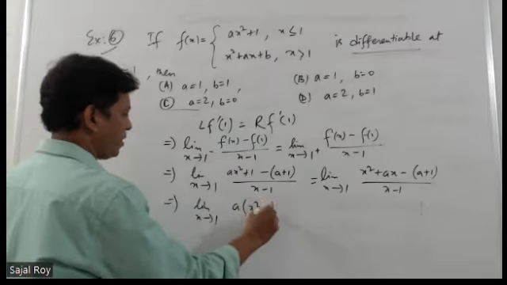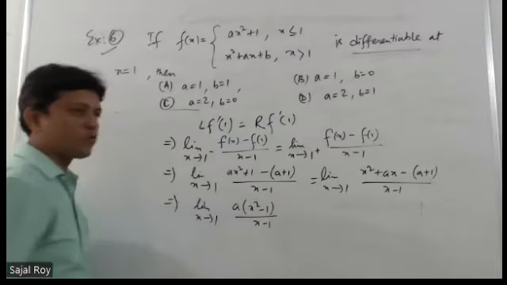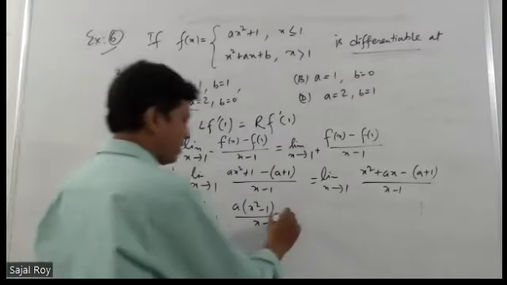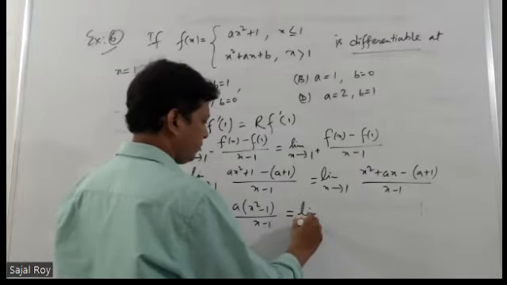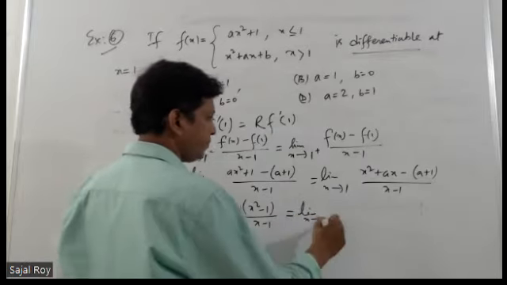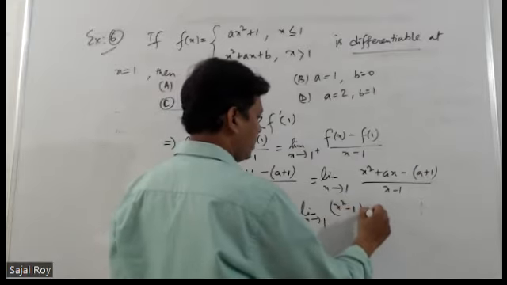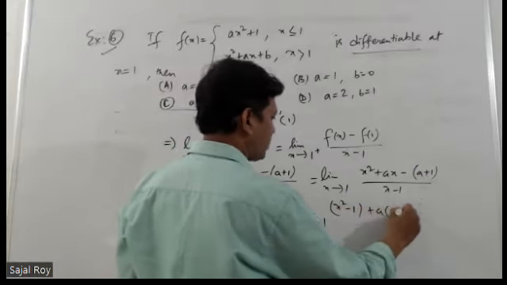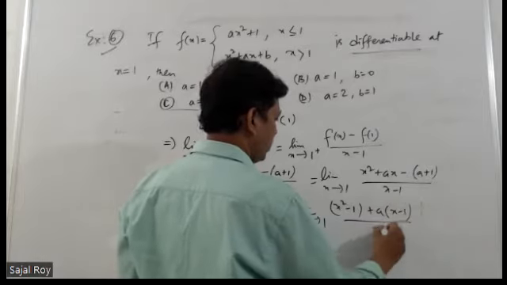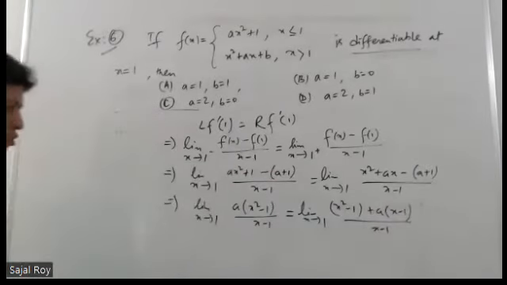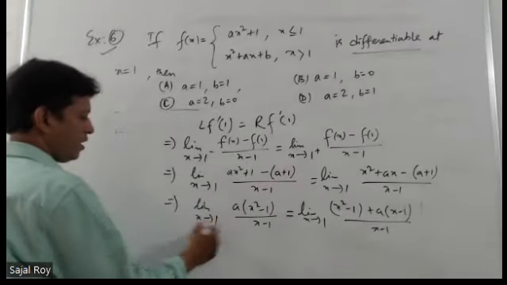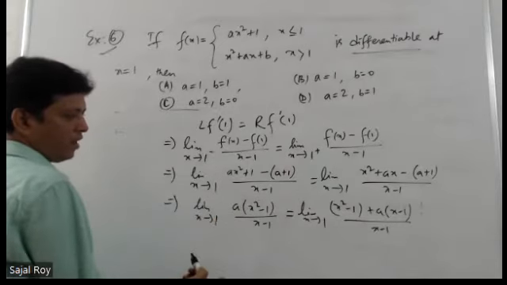So x square minus 1 over x minus 1, because the 1 gets cancelled if you open the bracket. x square minus 1, and if you take a(x minus 1), x minus 1 cancels.